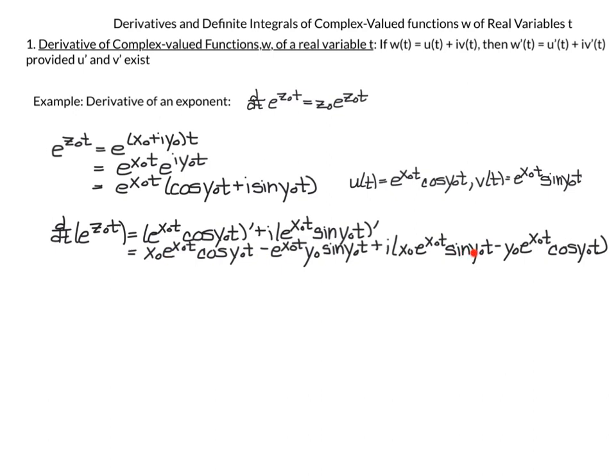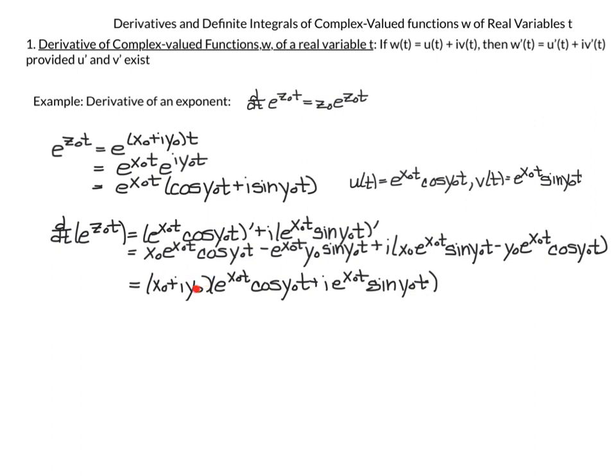From here, I'm going to take a quick look and see what result would be really nice. So if I know the derivative of e to the z naught t, it'd be really nice if the derivative was just z naught, bring down the derivative of z naught t, and then multiply by e to the z naught t. So what I'm going to do is factor out my z naught from this expression.